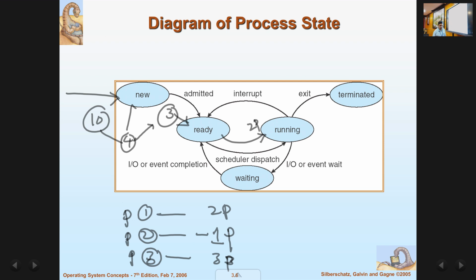So in short, whenever you execute an application, maybe MSW, n number of processes get created. Out of them, only those processes are brought in the ready queue which acquire resources, because without resources no process can execute.